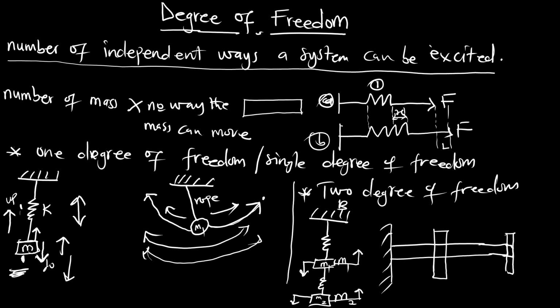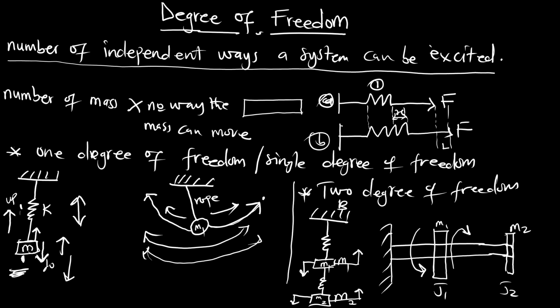So here I can excite this system by rotating, let me call this mass 1, right? Mass 2. By rotating mass 1 clockwise or rotating mass 1 what? Anti-clockwise. Any of them, when I do that and release, the system will start vibrating.